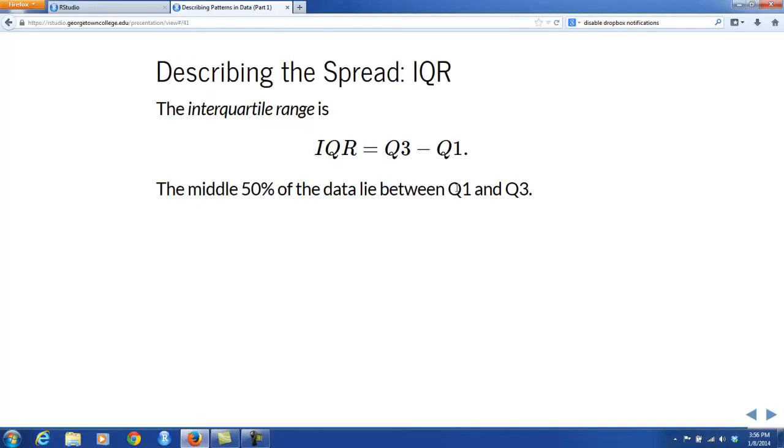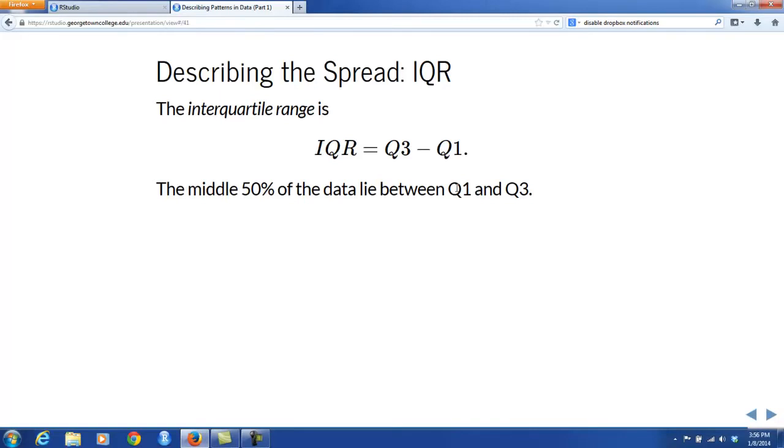Now we can finally talk about describing the spread in a way alternative to the approach of the standard deviation. Our notion is that of an interquartile range. And the interquartile range, or IQR, is simply the third quartile of the data minus the first quartile.